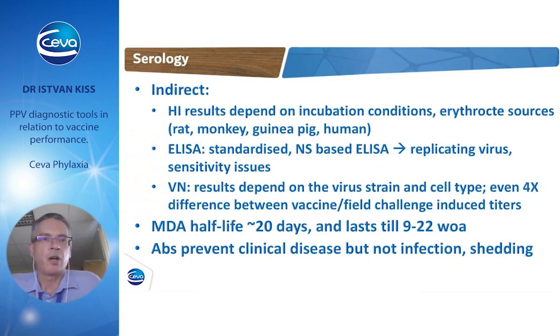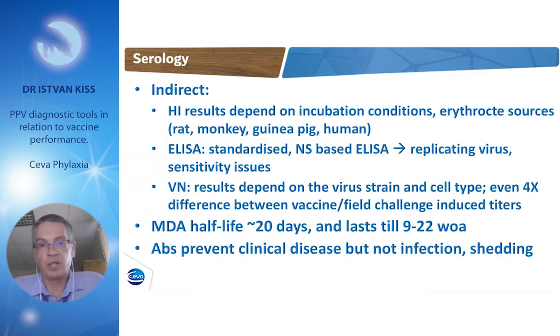Indirect diagnostic tools are the hemagglutination inhibition, ELISA, and VN. Actually, none of them are quite straightforward. I mean, ELISA, okay, is a standardized method that is easy to carry out, but the interpretation of the result is not too straightforward.